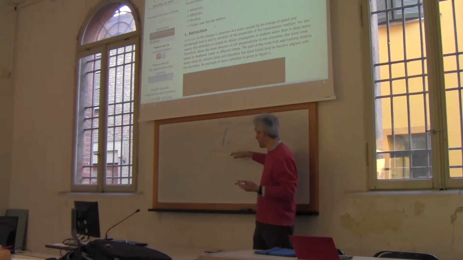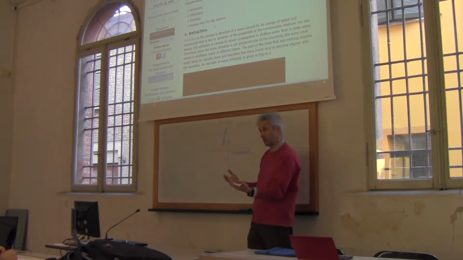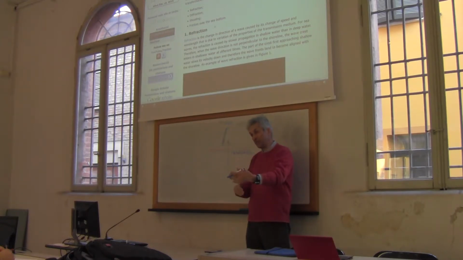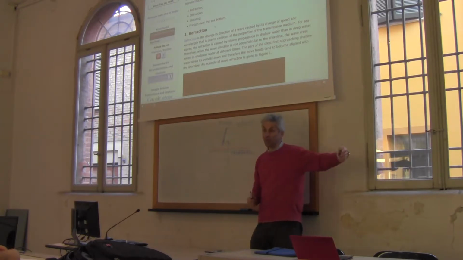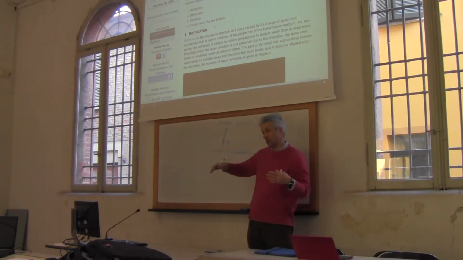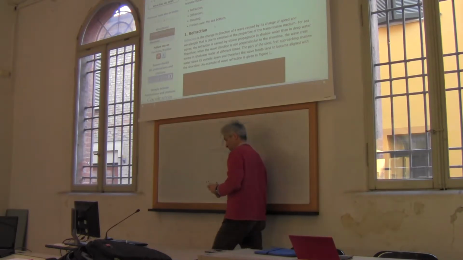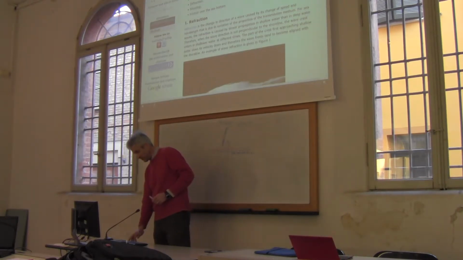The part of the wave that starts interacting with the sea bottom slows down its speed. The other part of the wave keeps the speed, and therefore the wave bends. So it's no more a plane wave in a strict sense. But bends.